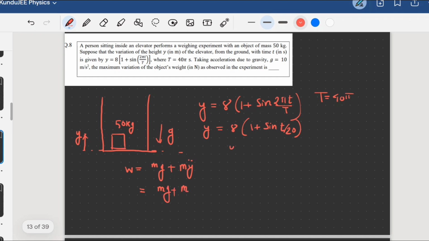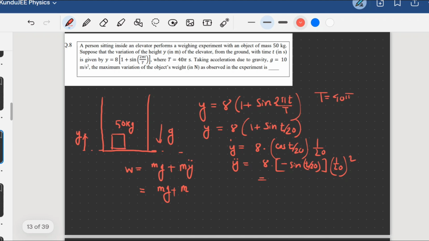What is y double dot? We can find out. y dot is 8 into cos t by 20 into 1 by 20. y double dot is 8 into minus sine t by 20 multiplied with again 1 by 20, so 1 by 20 square.